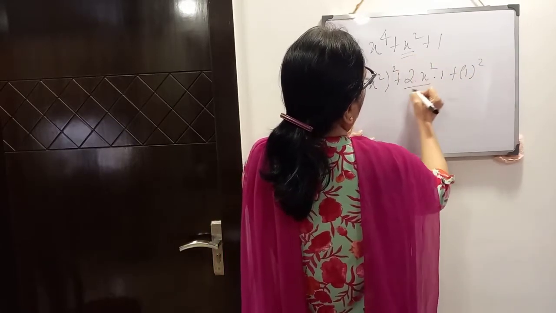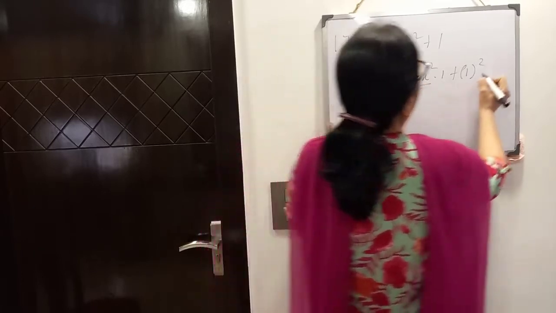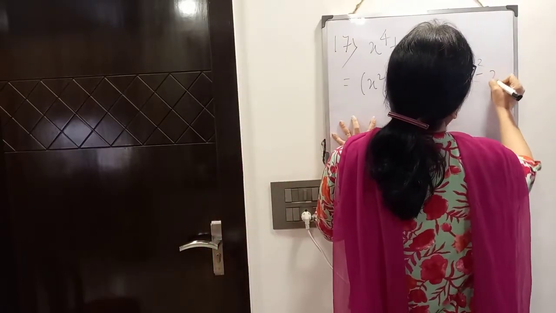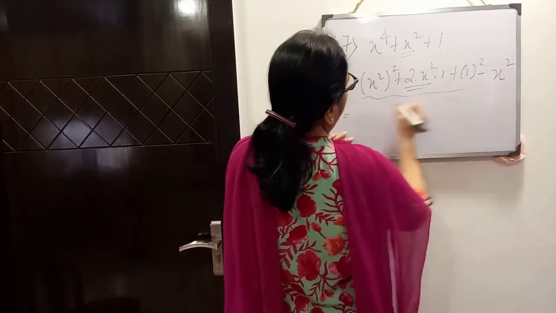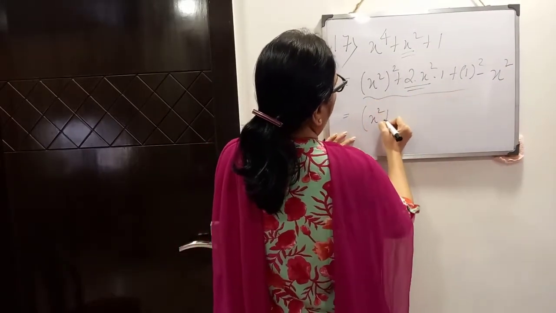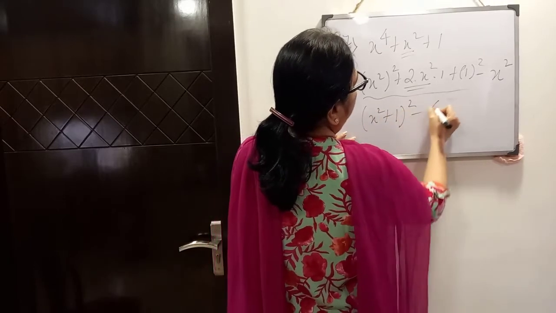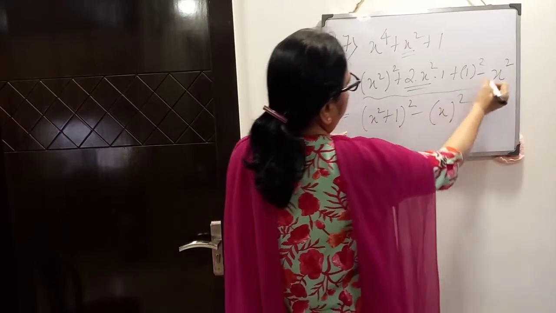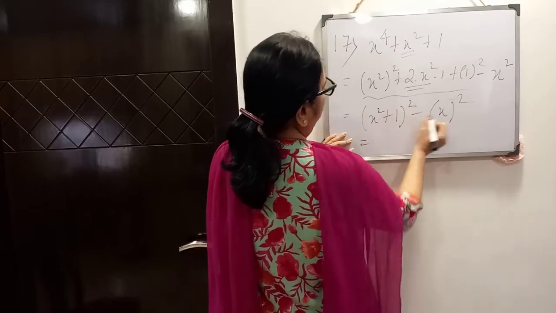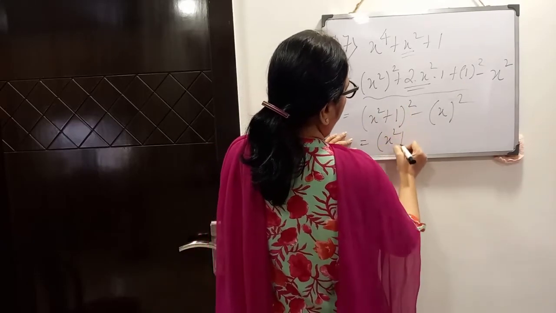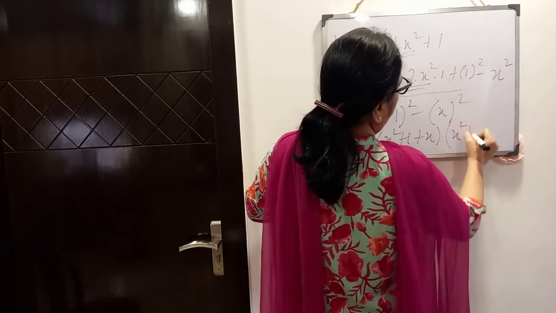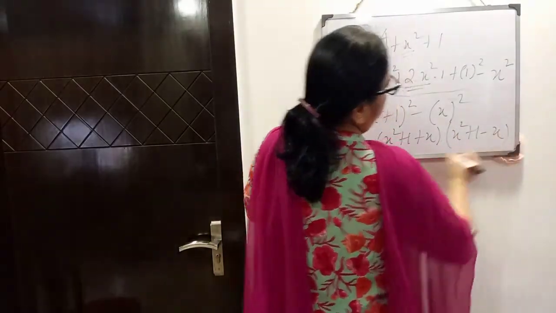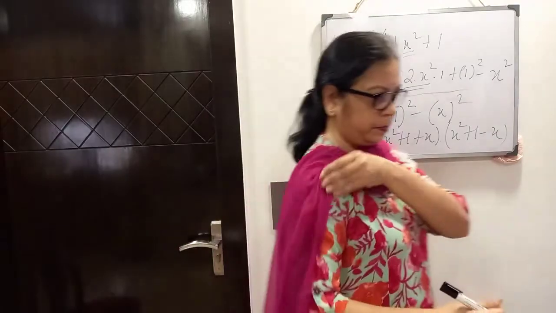We have taken 2x square by force. So we have to adjust. How? Subtracting. Clear? Now up to this we can write x square plus 1 whole square, and that is minus x whole square. Then again a square minus b square form, a plus b into a minus b. Clear?